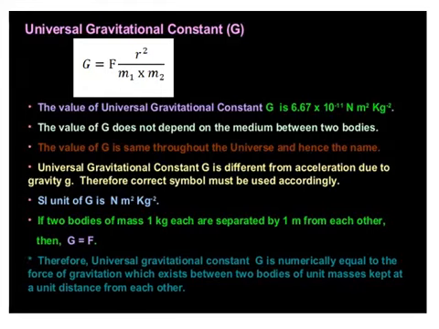When we substitute all the values of F, R, M1 and M2, we get the value of G as 6.67 into 10 to the power minus 11, and the unit for this is Newton meter square per kilogram square. Now when you look at the value, it is 6.67 into 10 to the power minus 11.